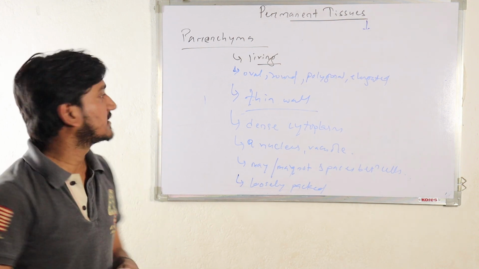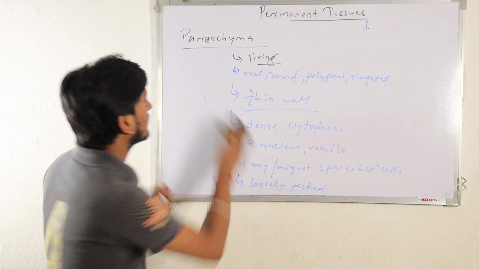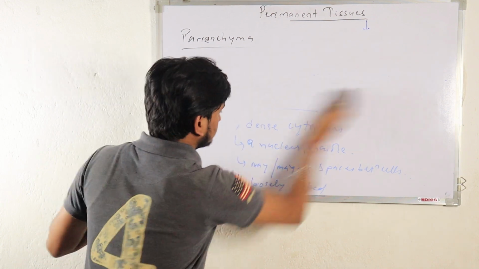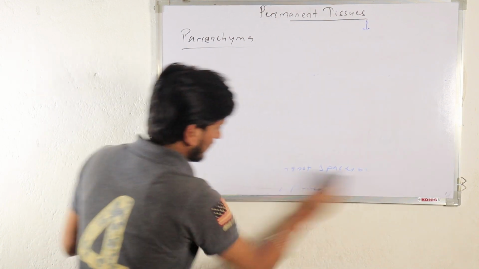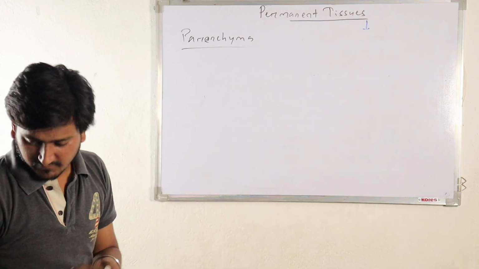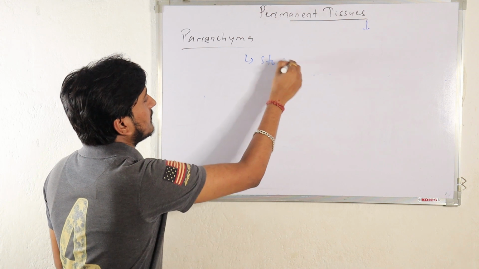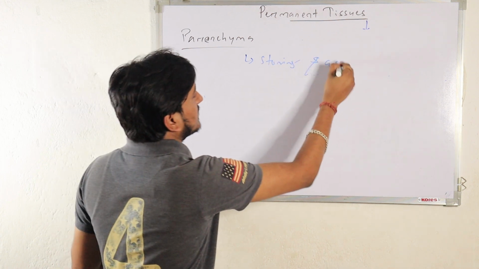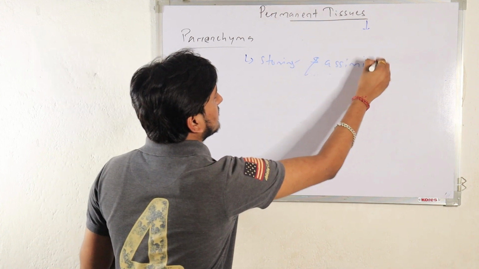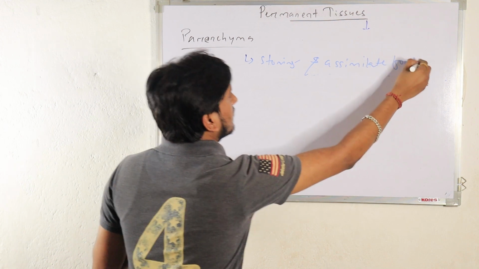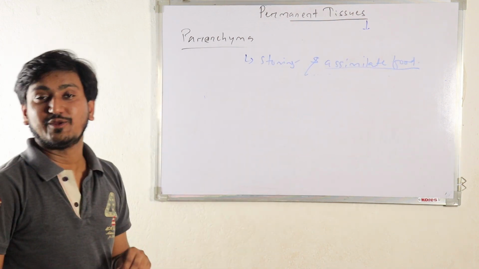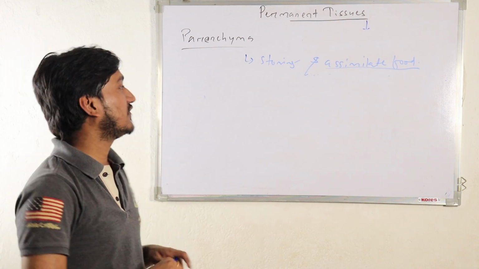Let us go to the functions. In functions, as I told you, they will be storing, and they will also assimilate. In the digestion process in humans, you have learned about the assimilation of food.